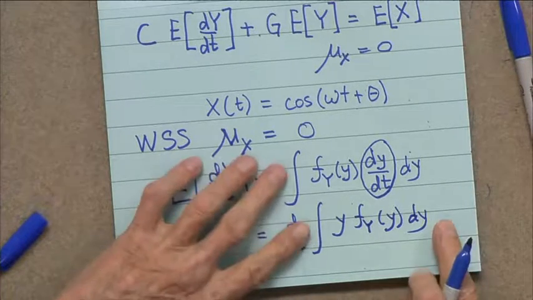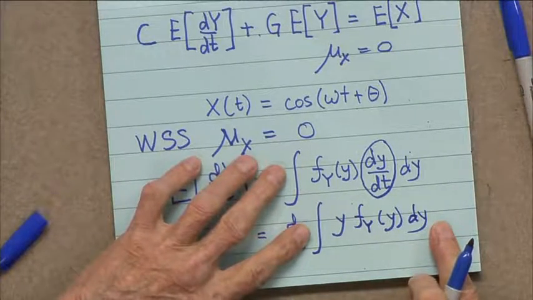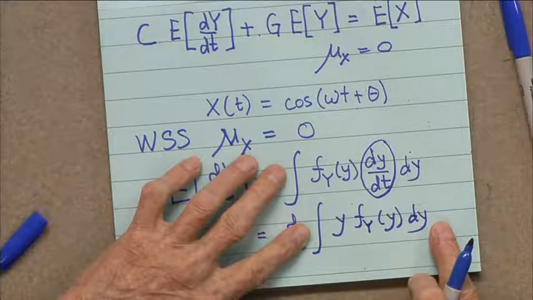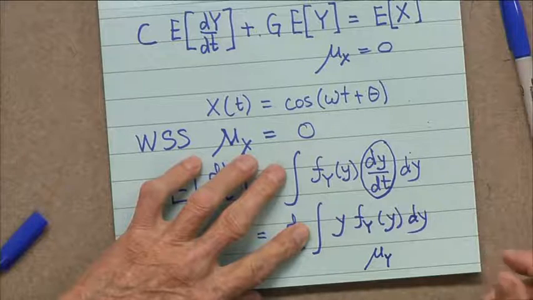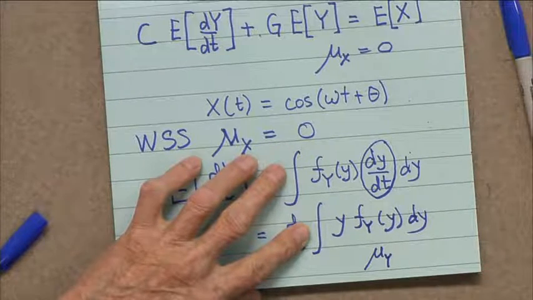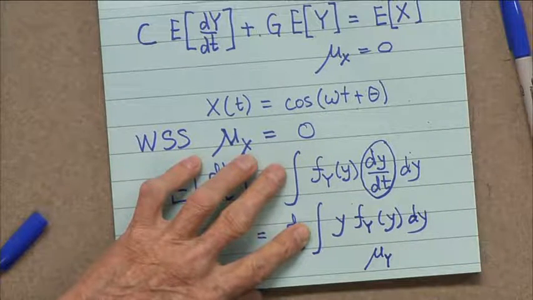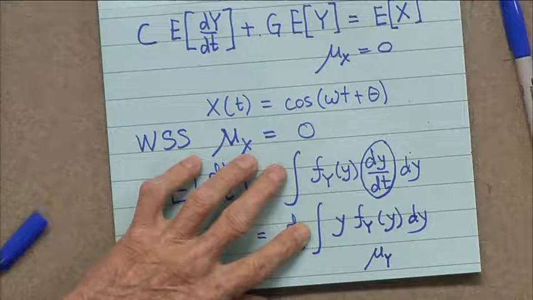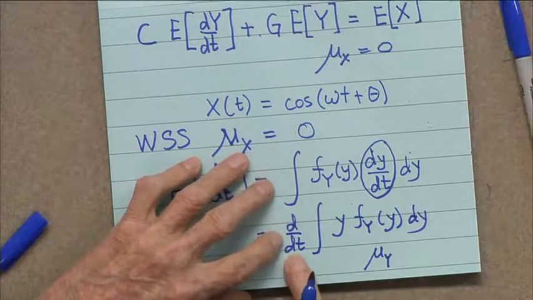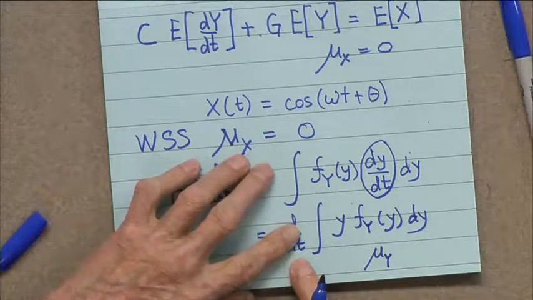What is this? It's the mean value of y, mu y. If it is wide sense stationary, is it a function of time? No. And so therefore the derivative with respect to time would be 0.